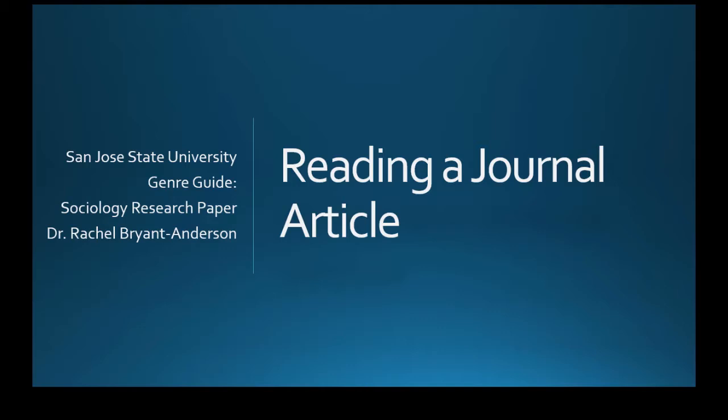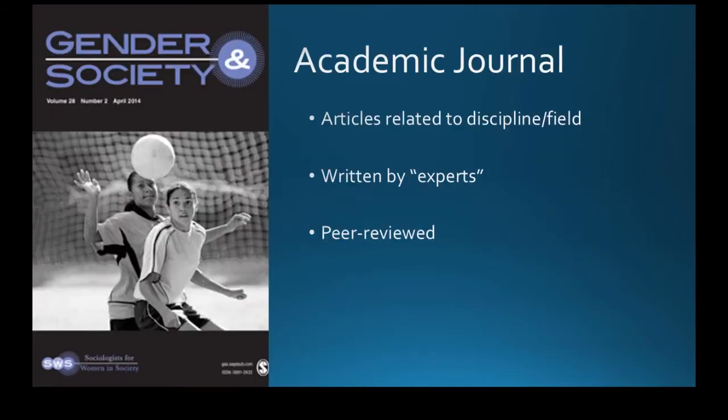So, what is a journal article? I like to think of journals as kind of like magazines. The difference is that they're related to a specific discipline and field. So in the example we see here, this is a sociological journal that's focused on gender.